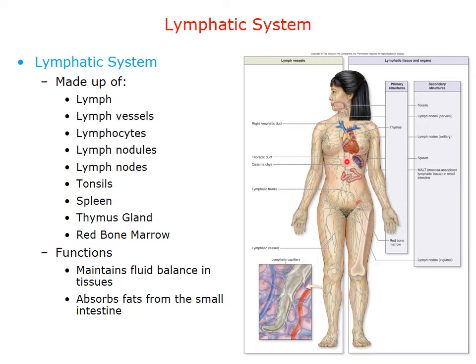We also are going to see in more detail when we talk about the digestive system that this is the area where fats are absorbed from the foods that we eat and ultimately make their way into the circulatory system for distribution. And lastly, the area that we're going to talk an entire chapter on when we talk about the body's defenses is that it defends us against microorganisms and foreign substances.